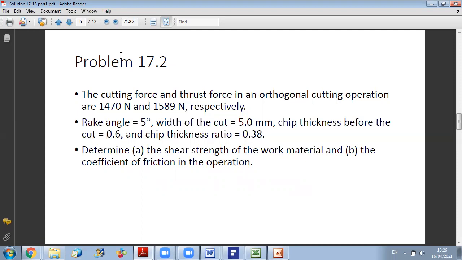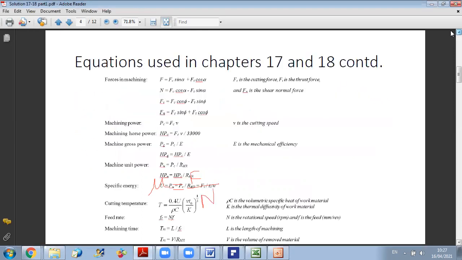To get mu, I need to find F and N, because mu is F over N. So to calculate mu, I should go back to my formulas to calculate F and N. I have here F and N. These are the expressions as functions of the cutting and the thrust force, so I can calculate them, and this will allow me to find the value of mu.